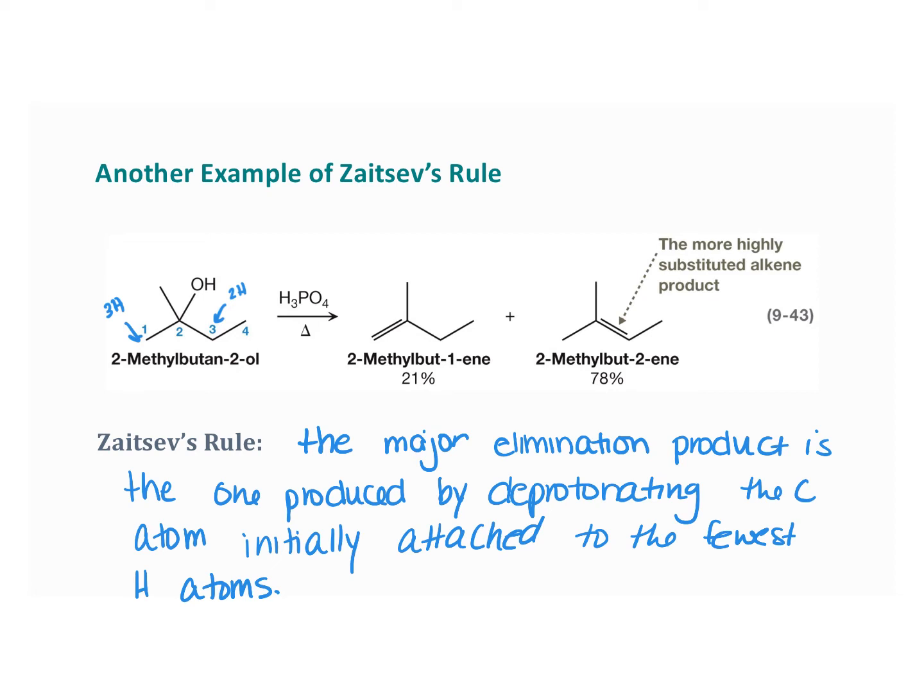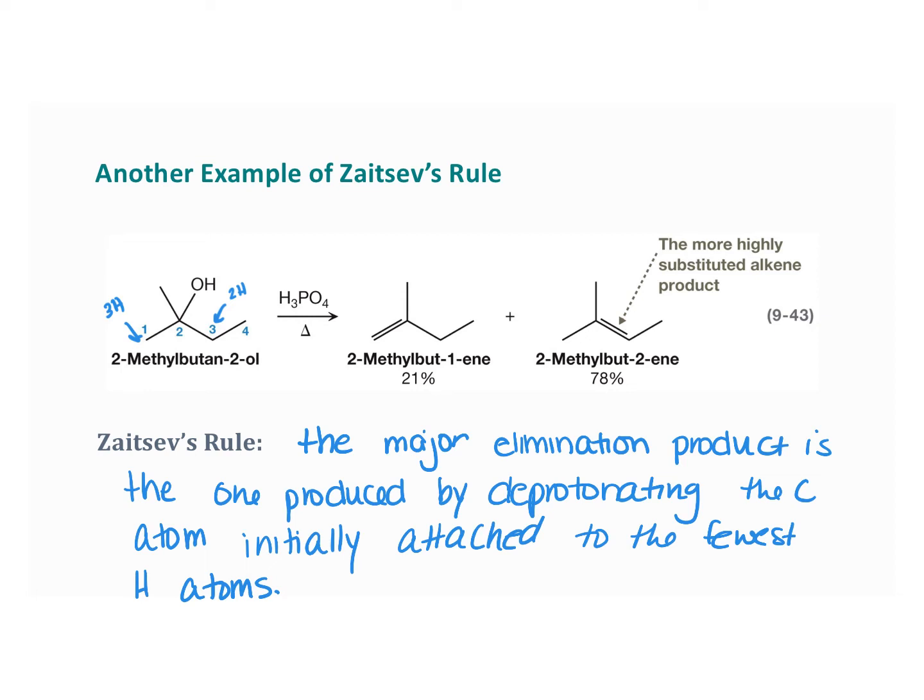Now we know the reason we observe this is because of increased stability. But in the late 1800s, early 1900s, this was the observation that we could make. Zaitsev's summary here, from his empirical observations, is known as Zaitsev's rule.